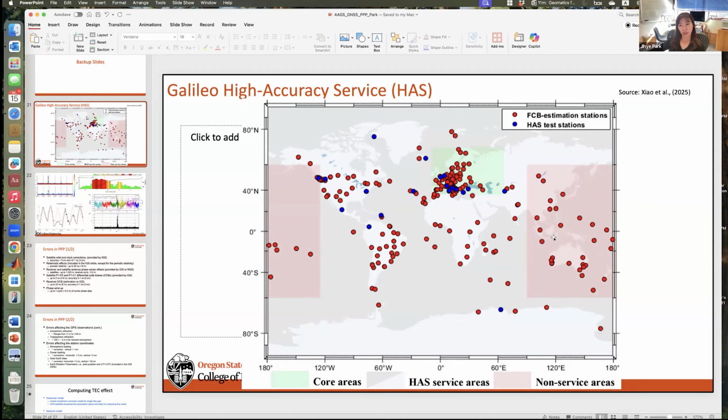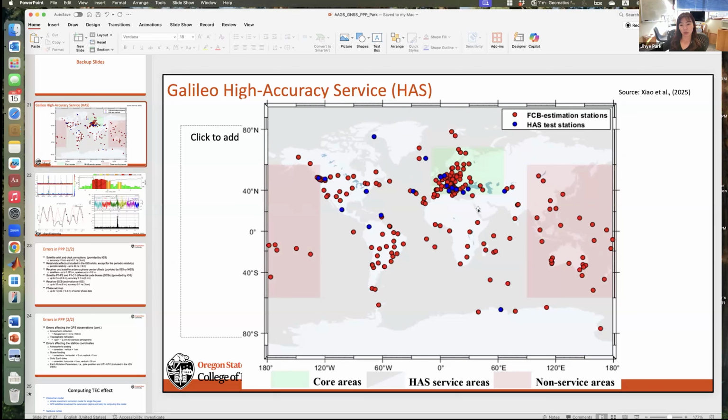But I do know that they are working hard on expanding the service area to anywhere in the world. So having those estimation stations is the effort for this next phase, to provide the service to the other areas as well.